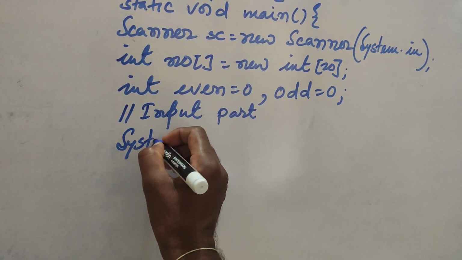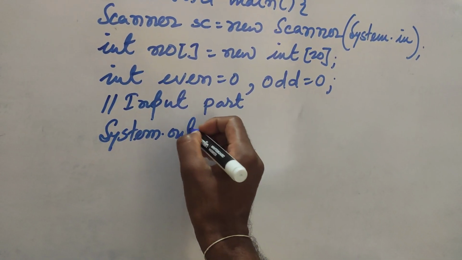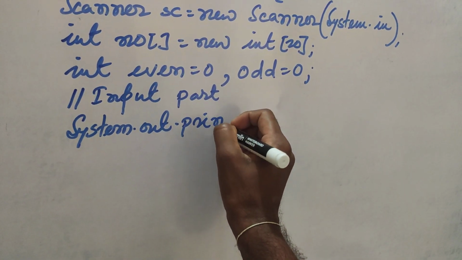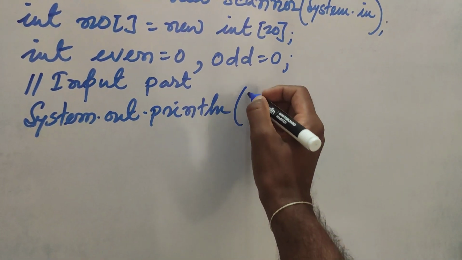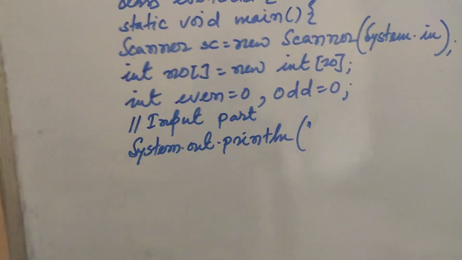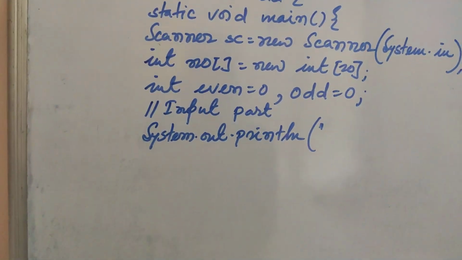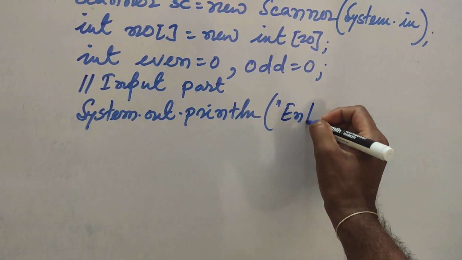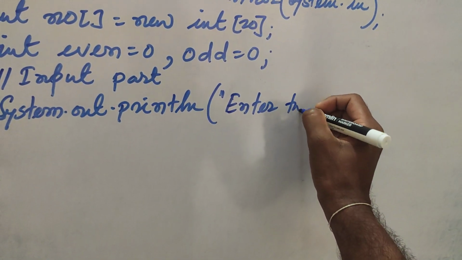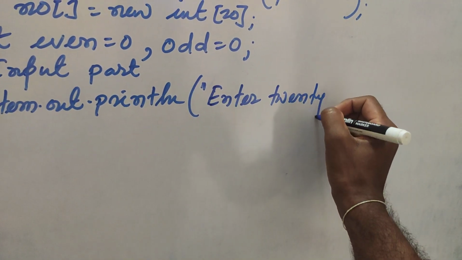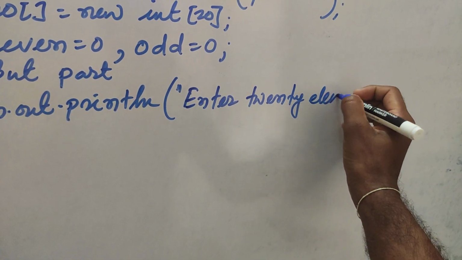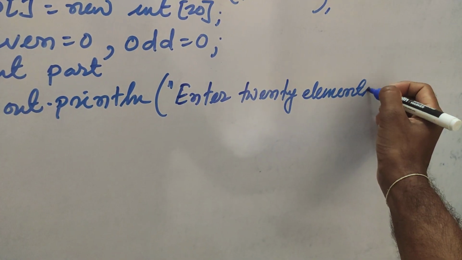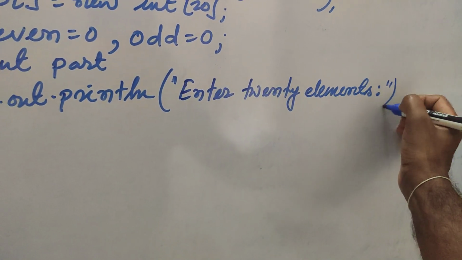System.out.println. For input statements, first you take the variable, then you need to input. Enter 20 elements, or numbers, anything you can write.